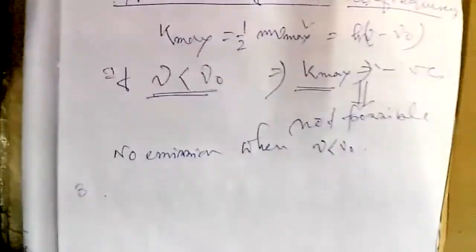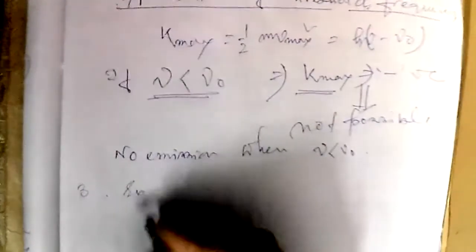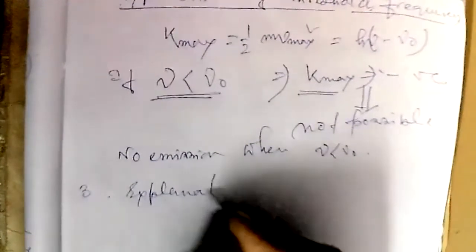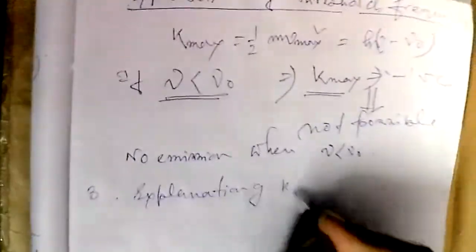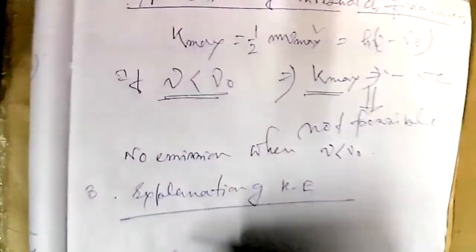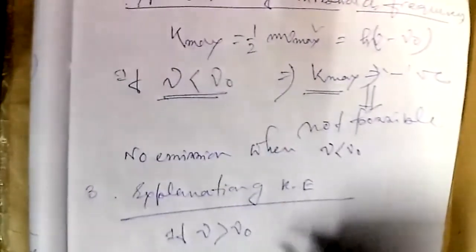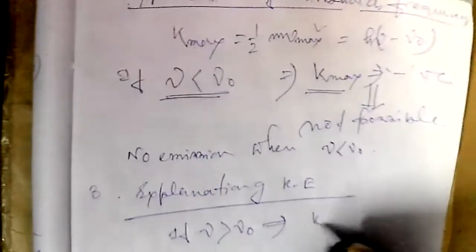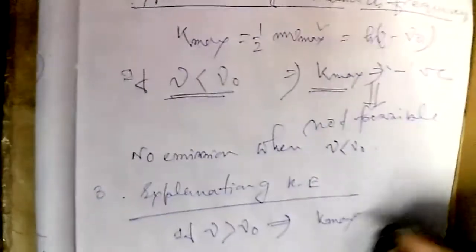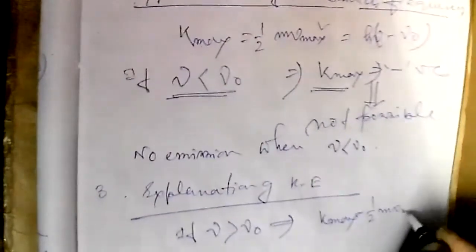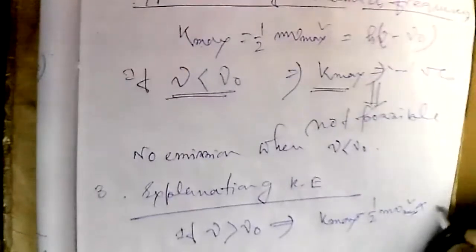Thirdly, explanation of kinetic energy. Now, if nu is greater than nu naught, then Kmax equals half m v max square is proportional to nu.